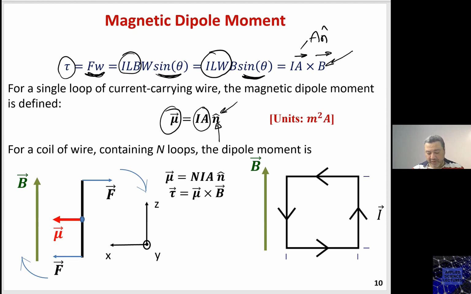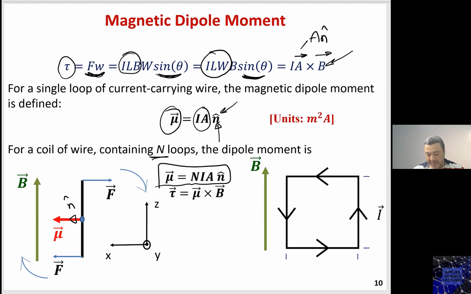Now for the coil, this loop, if it's made of several turns, where N is the number of those turns, then in this case, I can say that the magnetic dipole moment mu equals N i A n hat, where n hat is the normal unit vector that is pointing in this direction, perpendicular to the loop.